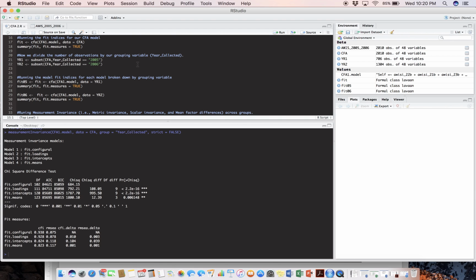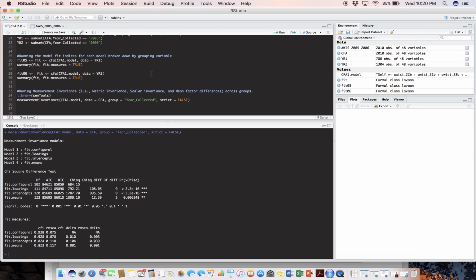In my case, rather than using a grouping variable like gender, my questionnaire was actually administered at 2 different time points, right? So I want to see, are there differences in the underlying factor structure within my data set at different time points? Is the factor structure different across time? So I have time 1 is 2005, time 2 is 2006, and we've indicated that there.